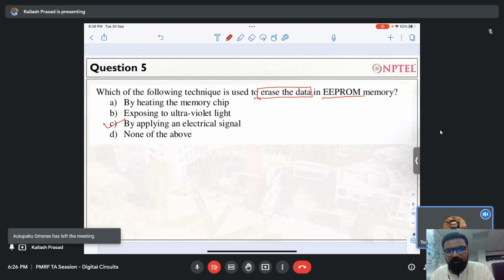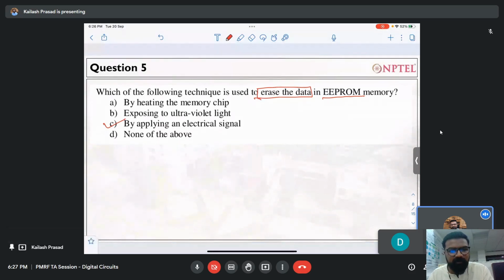See, in all the memories we have currently, if you want to erase the data, how do you erase it? Take a flash memory, for example the SD card. You want to erase the data, so you click erase in your mobile phone.